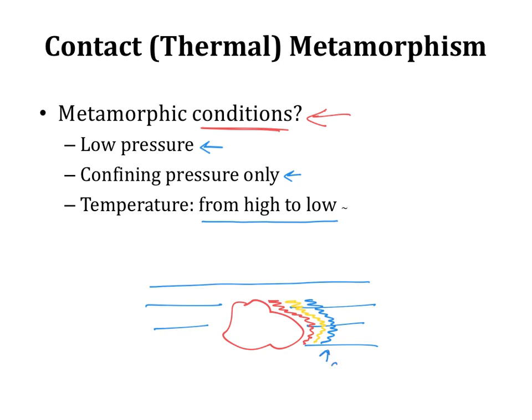So we get cooler temperatures of metamorphism here and hotter temperatures of metamorphism very close to the magma. So that's why the temperature can range from high to low. So all of these rocks have been metamorphosed, right, but to different degrees of temperature, and that's going to mean they're going to have different minerals in them.